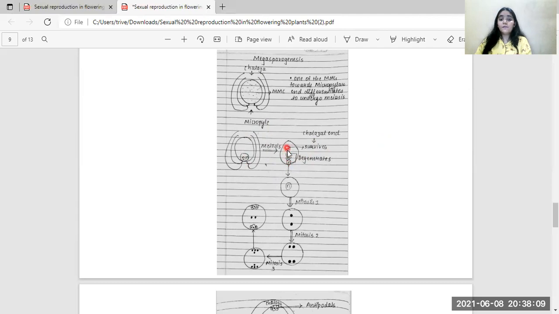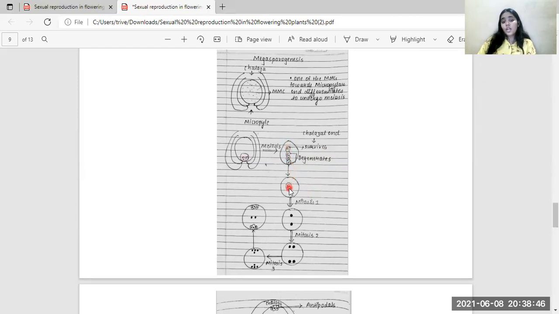Now we have 4 haploid cells, and the cell on the chalazal part will survive and the other 3 will degenerate. The order is always the same. The first one survives and the other 3 degenerate to provide nutrition. They devote their nutrition for the growth of the one that survives.